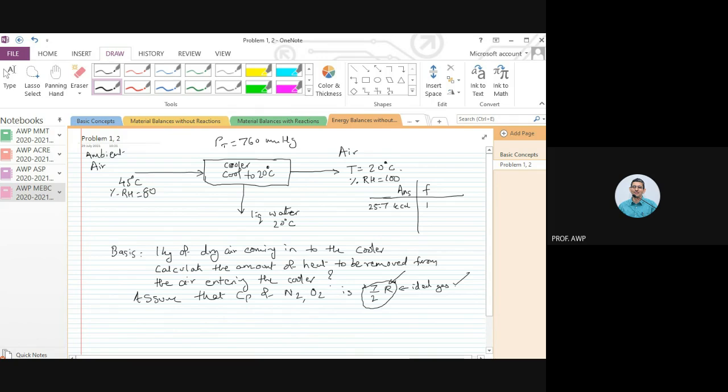Is that okay, Praveen? You want me to commit a value, and I'm not going to commit a value because it depends on what R you want to take, what set of units you want to work with. Is that okay? Yes, sir.